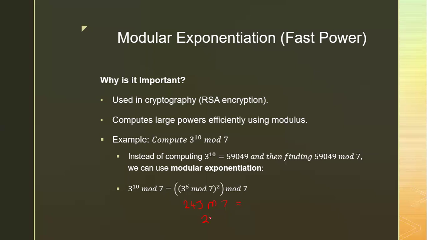Let's just say this guy, 243 divided by 7, which is 34, right? Then 34 times 7 is 238.